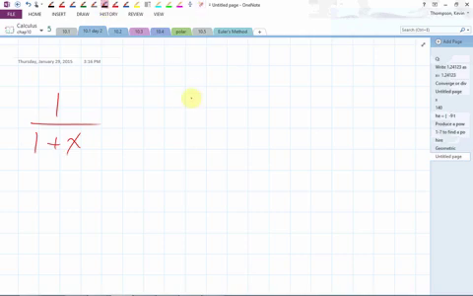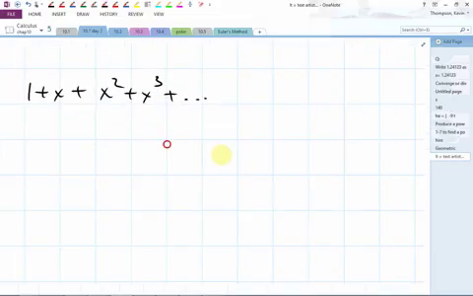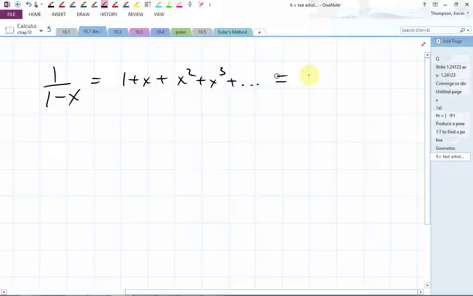So the first thing to notice is we know what this one is now, correct? And I should probably point out that we often are not going to write it like this. We're going to write it using summation notation.